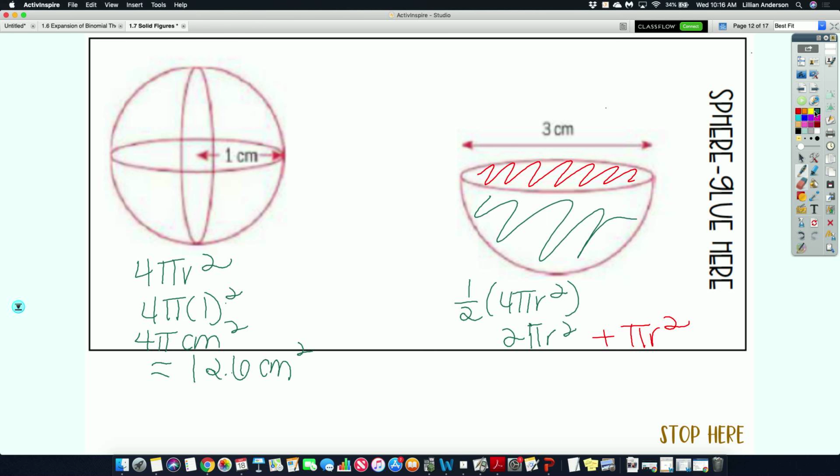So half a sphere. So then that'd be 2 pi r squared. The radius is going to be half of 3, which is 1.5. And then we're going to add that to the area of the circle that's at the top, which is pi times 1.5 squared. And so then we'll work that out to get our answer.